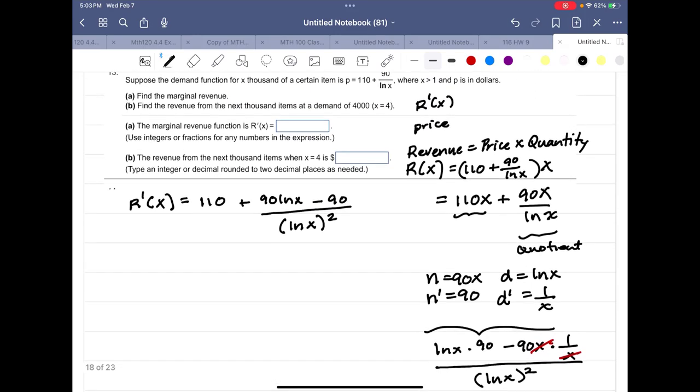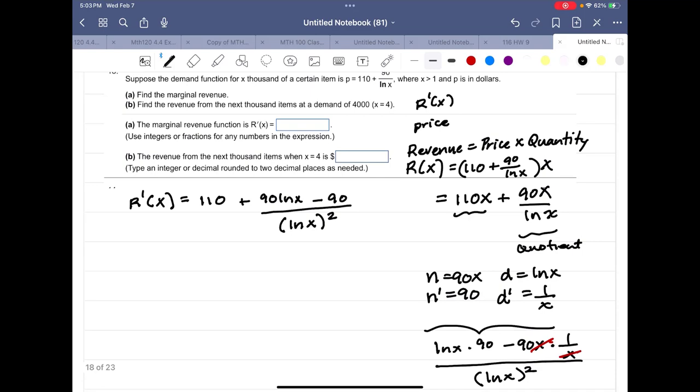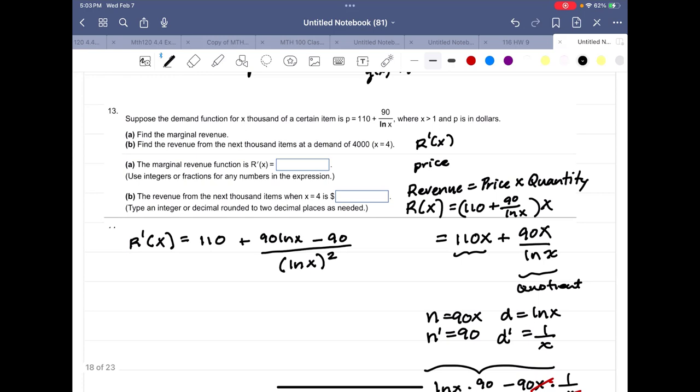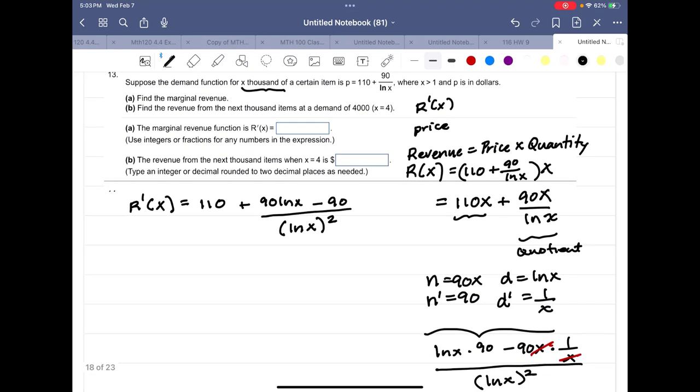Now the revenue from the next 1,000 items when x is 4. Now notice this is x thousands of an item. So when x is 4, we just do r prime of 4. So that's 110 plus 90 times the natural log of 4 minus 90 over the natural log of 4 quantity squared.